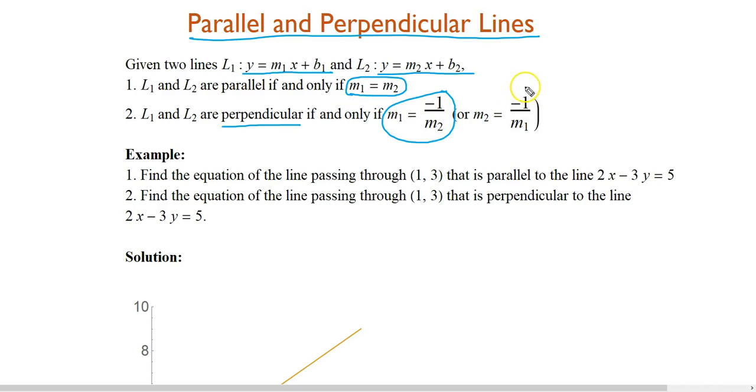Or that's the same as saying m2 is the negative reciprocal of m1, so m2 equals negative 1 over m1. These two equations are the same. If you were to take one equation like the first one, multiply the m2 over to the left, divide the m1 to the right, you would end up with this equation. So these are equivalent equations. So let's take a look at this example.